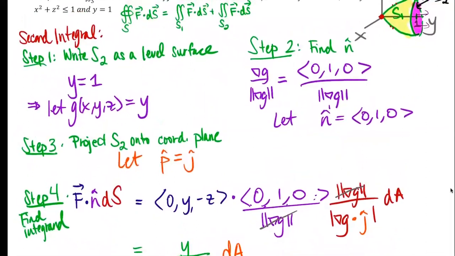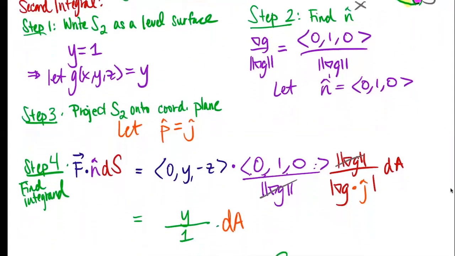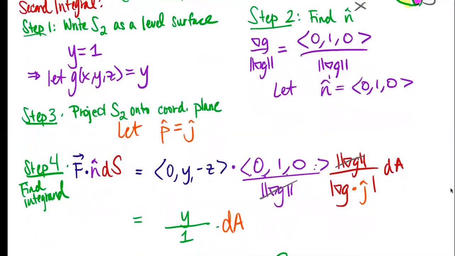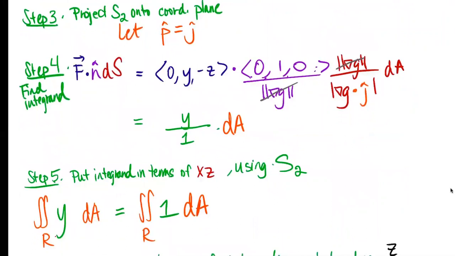I'm going to still project onto the xz plane. That's the easiest one to project that pink lid onto. And so now my integrand is just going to become y dA. But I need to rewrite it because I need it in terms of x and z. So I come back up to my surface and notice that y is just 1. So I'm going to replace y with just 1 dA.